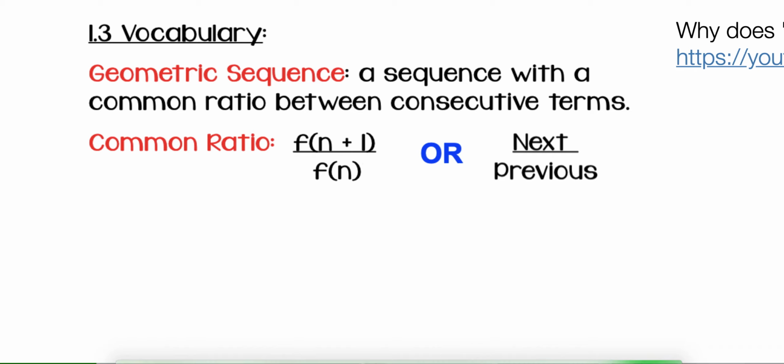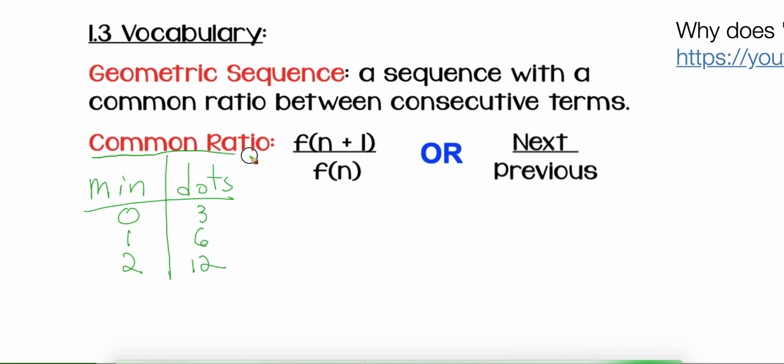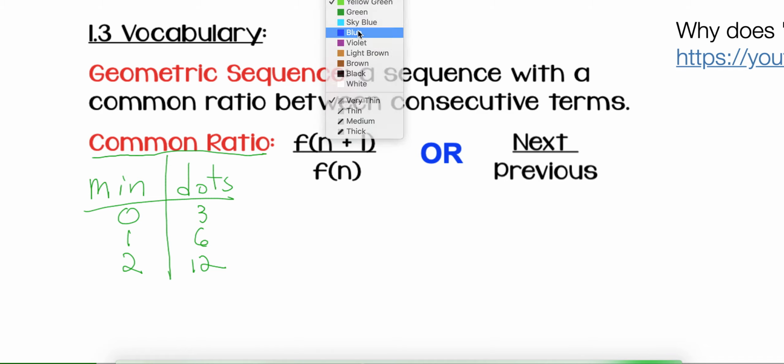So this is a dead giveaway that we're probably going to work with an exponent in our equation, because if we had our table from before with minutes and the number of dots, we had minutes 0, 1, 2, and dots 3, 6, 12. If this common ratio holds up for all of our points, and they're all set equal, then chances are we're working with a geometric sequence.